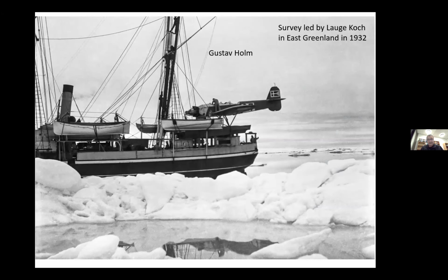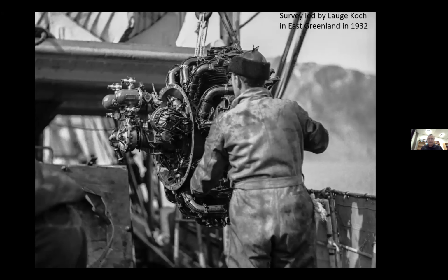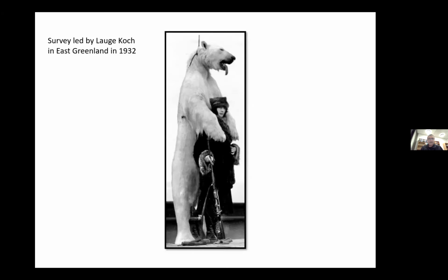And this is the airplane on board the ship. They are preparing the airplane, and Lauge Koch also had his wife with him on this trip. The trip lasted a couple of summer months.